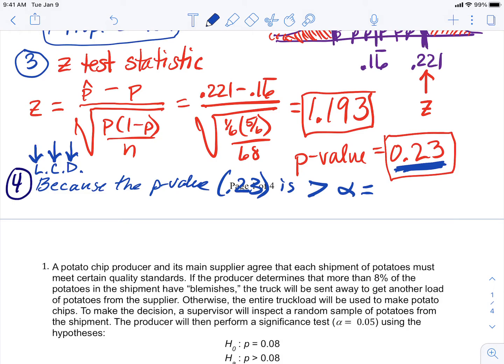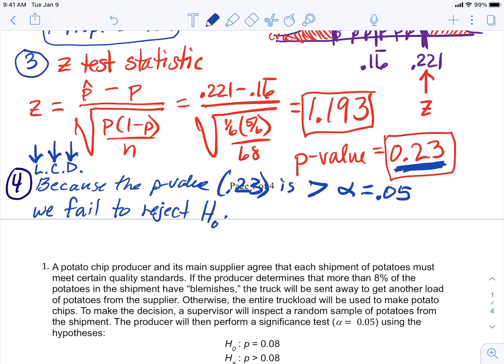So I would always just default to 5% if they don't tell you what it is. Because the p-value is way bigger than an alpha level of 5%, we cannot reject, or the book likes to say we fail to reject H0, the null hypothesis. That takes care of two of those three things. We took care of the linkage. It's because the p-value is larger than the alpha level. And we took care of the decision.